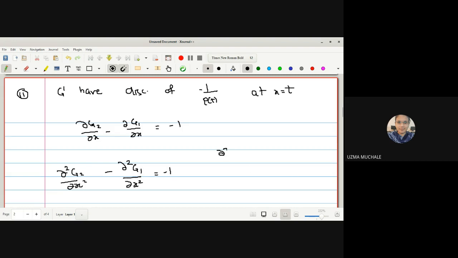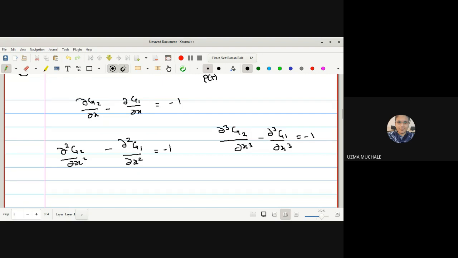Similarly, we have to find out the third one also, d3. Okay, evaluate the derivatives and tell me.